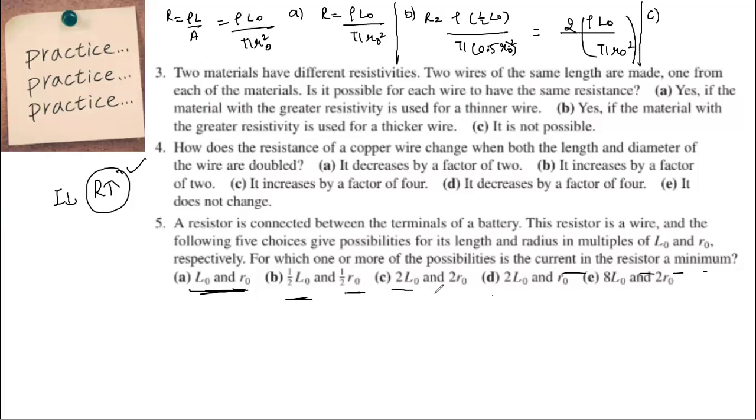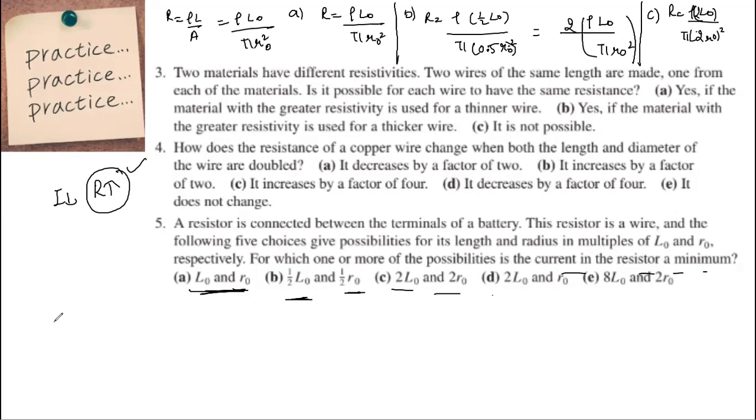For option C, you have 2 L naught and 2 R naught. Let's quickly plug in those numbers. R is equal to rho, I have 2 L naught over here, and then pi times 2 R naught square. Let me carry down that calculation.